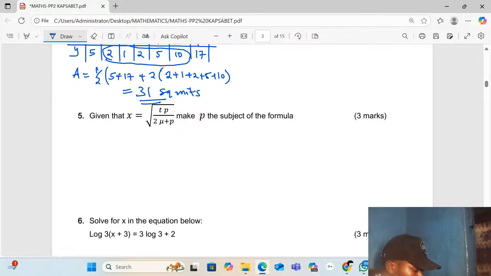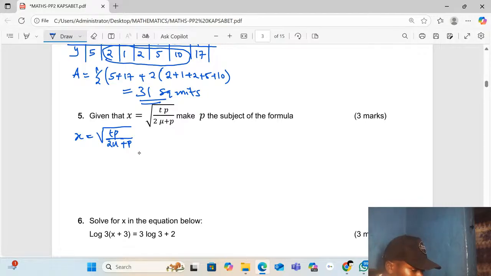So we have x equal to the square root of tp over 2u plus p.